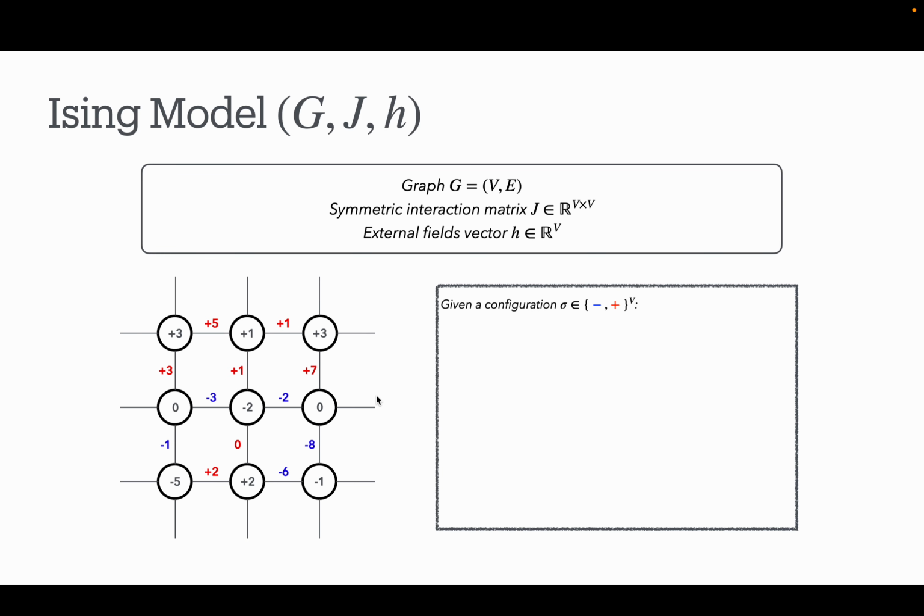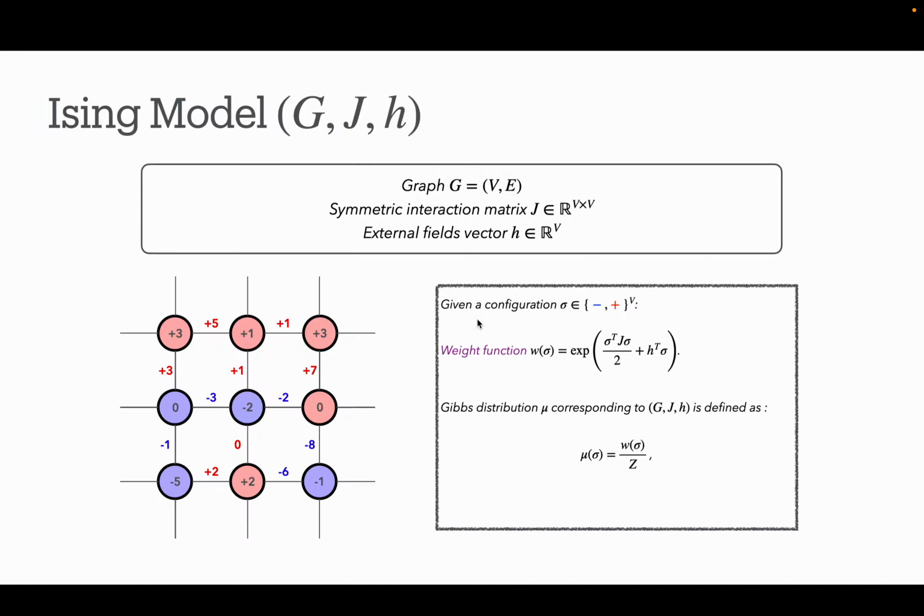Given a configuration sigma, where blue represents negative and red represents positive, the weight function W of sigma equals the exponential of half sigma transpose times J times sigma, plus H transpose sigma.